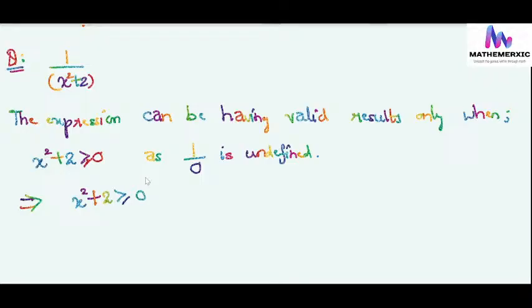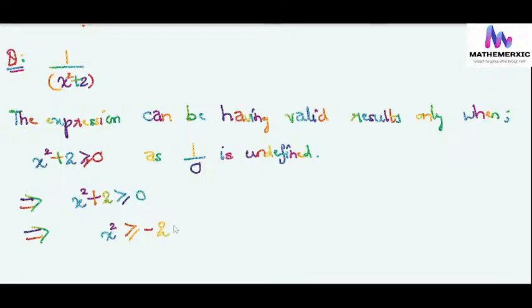X square plus 2 is greater than or equal to 0, from here can we define the things? So if we keep here, directly I can say that only one condition, that x square minus 2 I can keep.